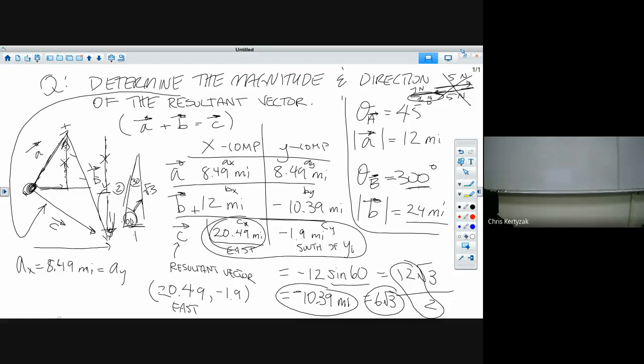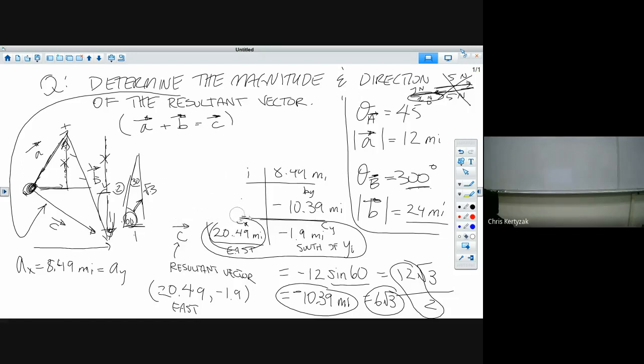I think it's correct. Okay, so now when you have that information, I'm going to erase this part. Now you can work out how long the resultant vector actually is, because currently all we know are the x components and the y components of the resultant vector.